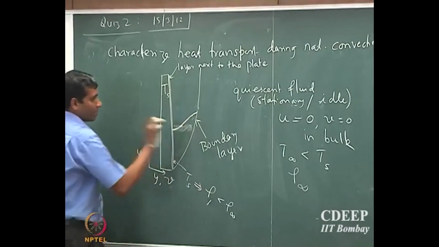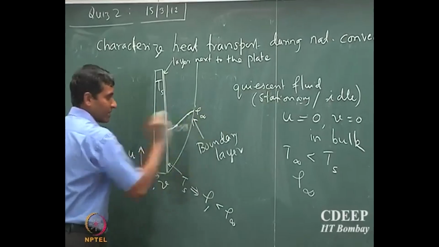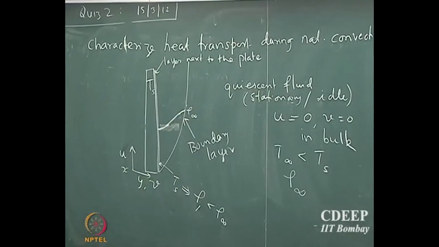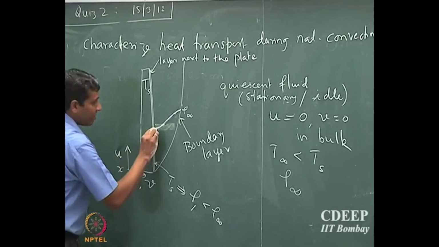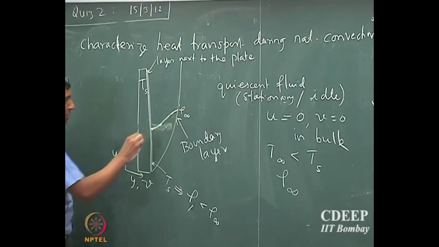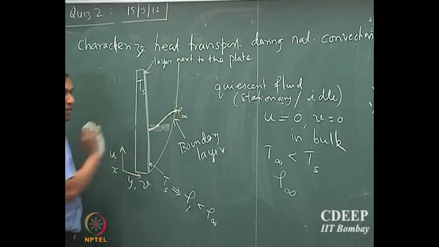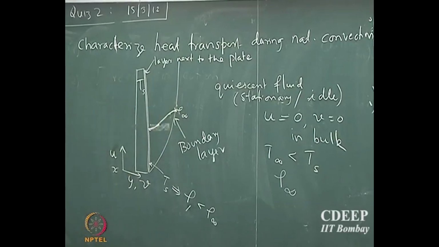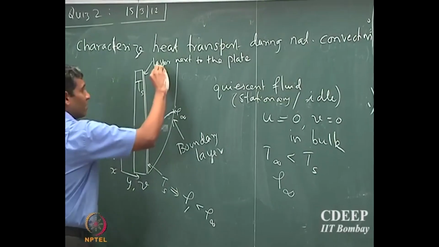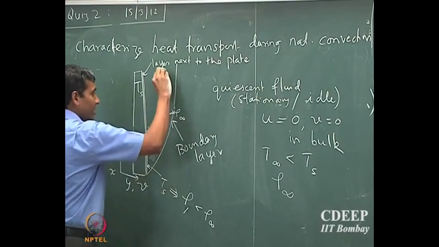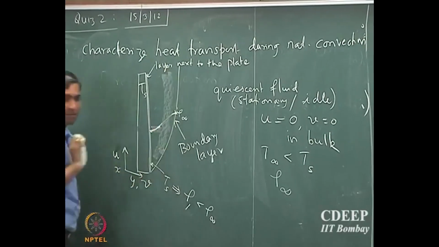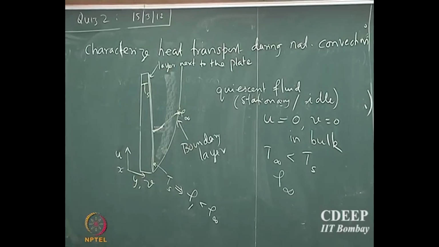It will slowly reach the density of the bulk. This is the density profile. The density of the fluid here will be lesser than the density of the fluid in the bulk region. Therefore, close to the surface, you establish a density gradient in the vertical direction.